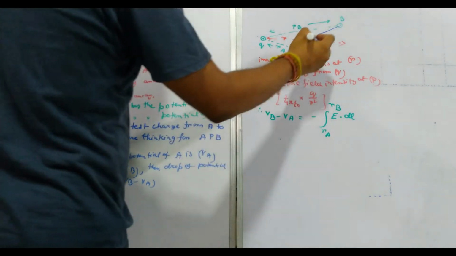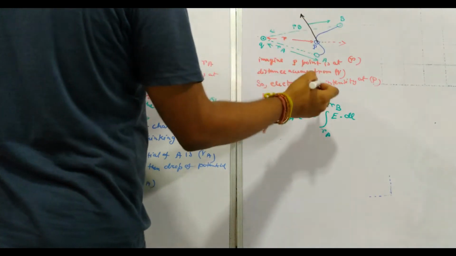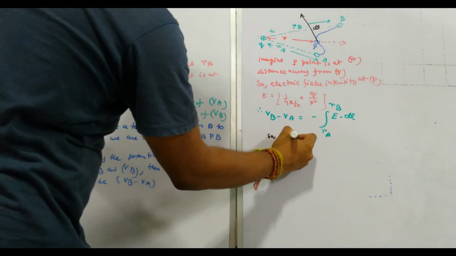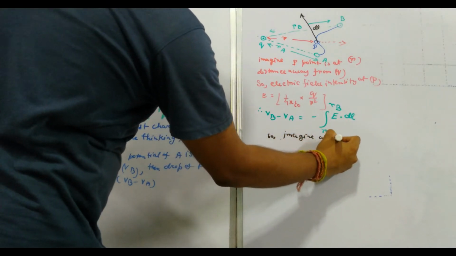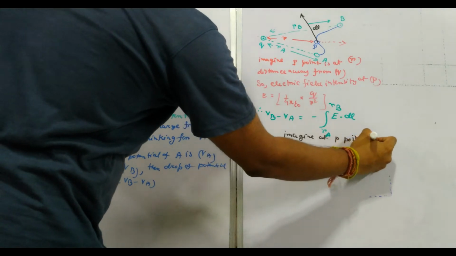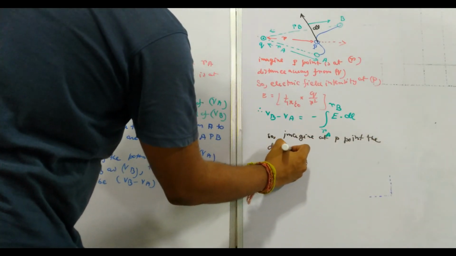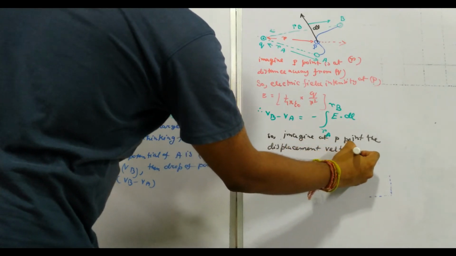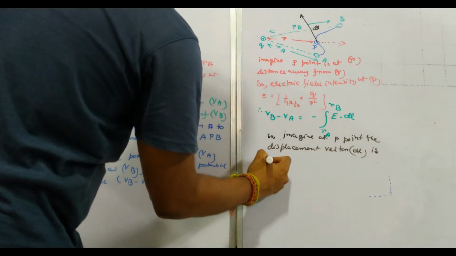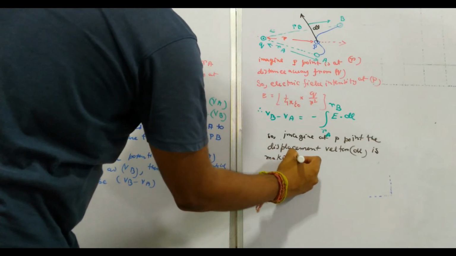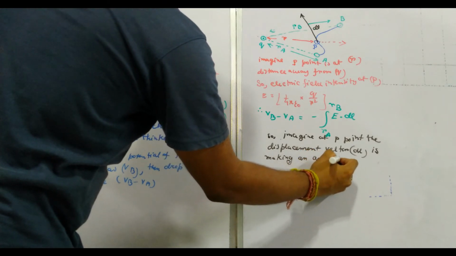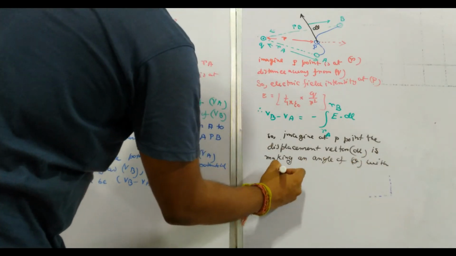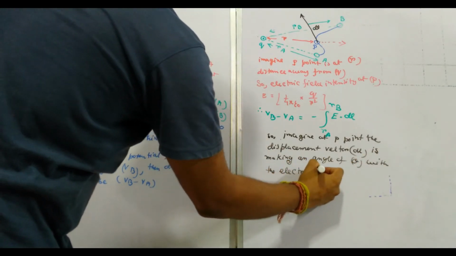Now, at the P point, the direction of the movement will be denoted by this. So imagine at the P point, the displacement vector dL is making an angle of theta with the electric field intensity.